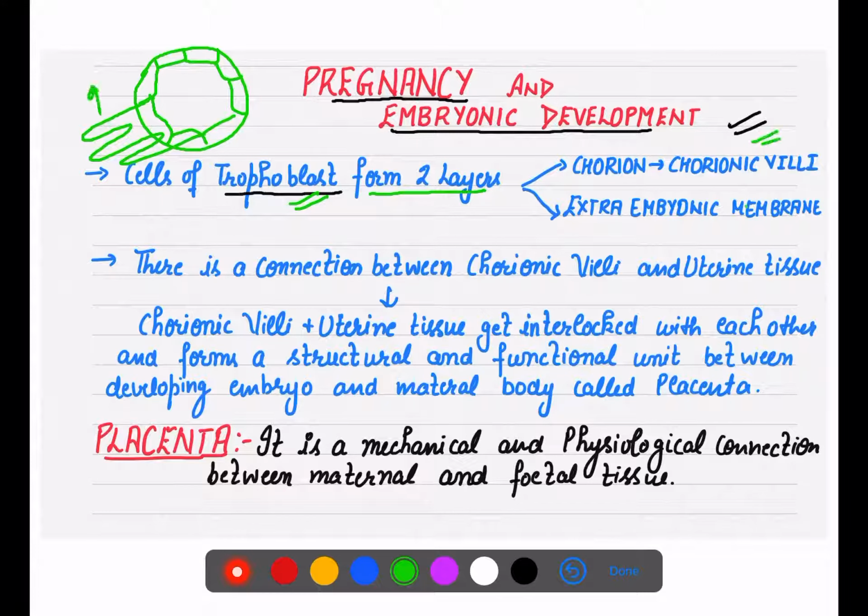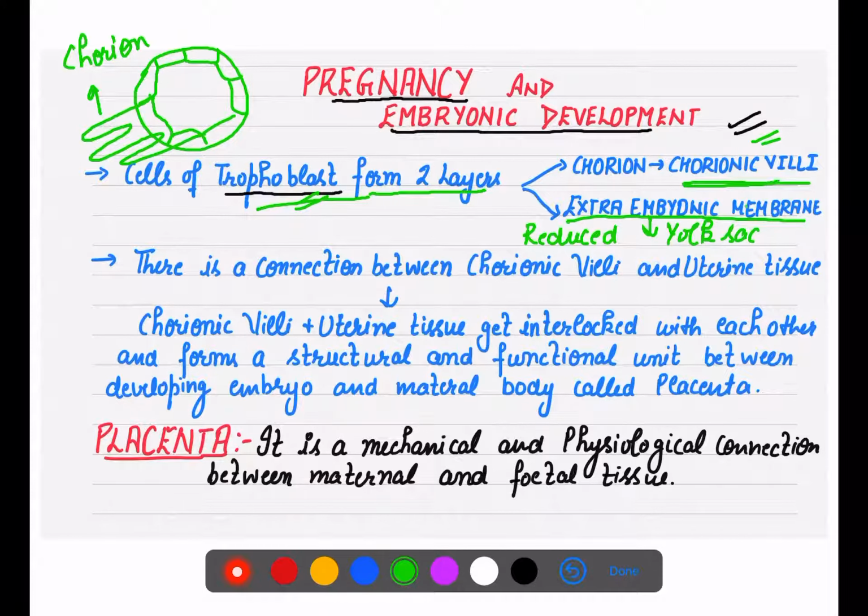One is the chorion, which forms chorionic villi, and second is the extraembryonic membrane, which is your yolk sac, which is very much reduced in the case of humans, right? So two membranes arise from trophoblast: one is the chorionic villi and the other is the extraembryonic membrane.